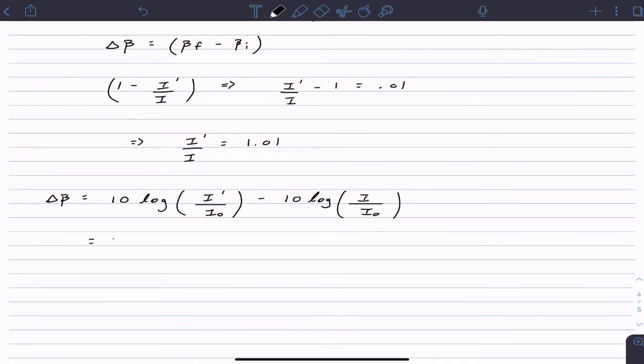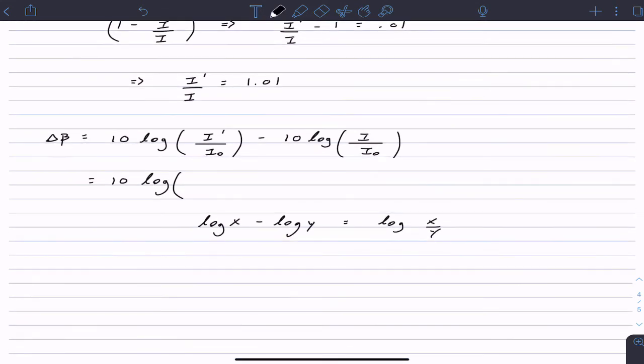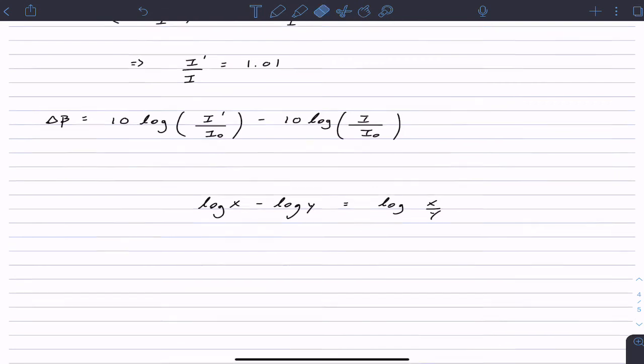Using properties of logs, we can get something like this. Just a quick review: when you have log x minus log y, you end up with log x over y.